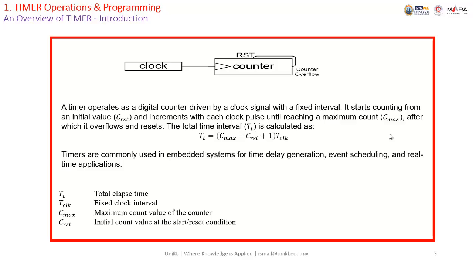Then multiply with T clock, the fixed clock interval. Say we have 1 microsecond, so it takes about 15,536 microseconds for that complete count. That is the way.